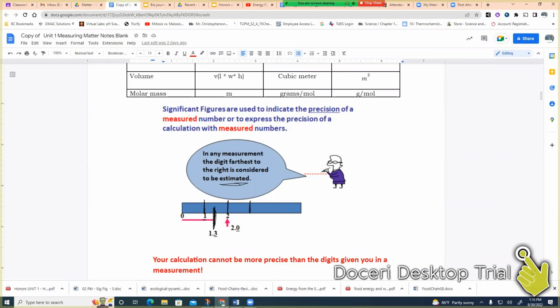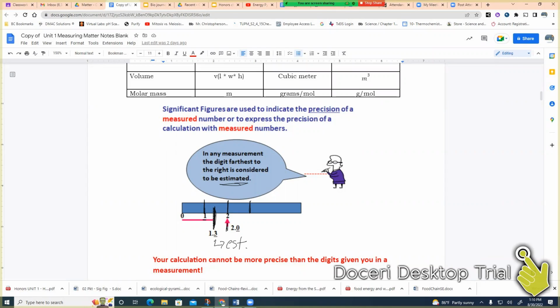I really only know the 1 for sure. The 0.3 is estimated. I may say 1.3. Does anybody think that looks like 1.4? We don't know for sure. It doesn't have a mark for us to decide. So this is not going to be a very precise instrument.